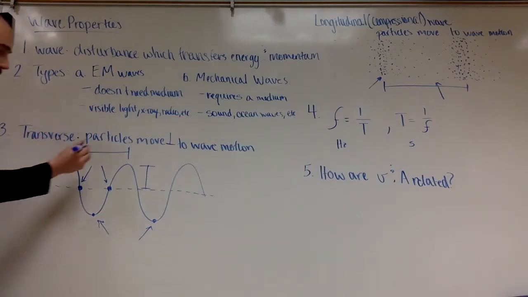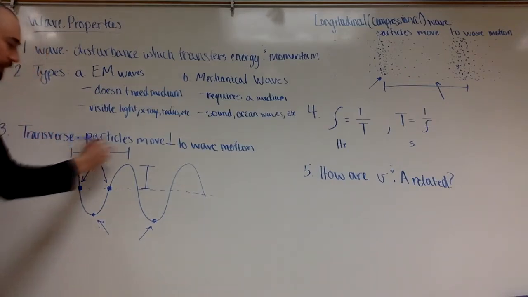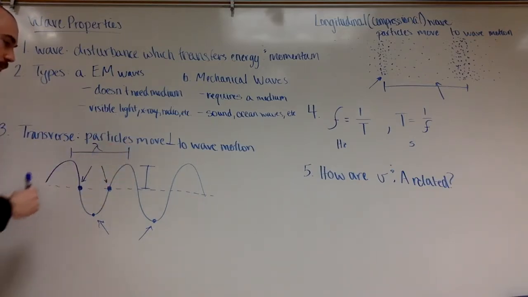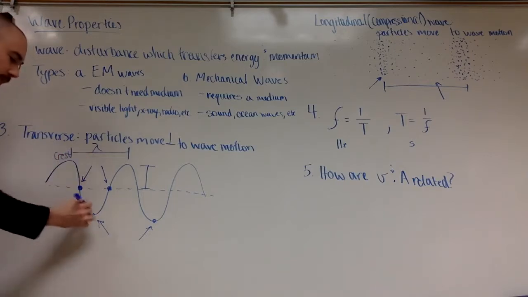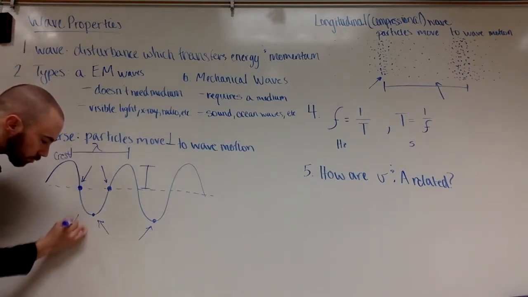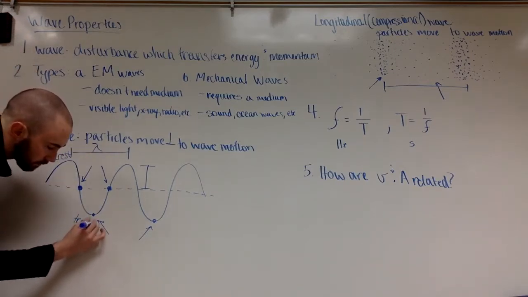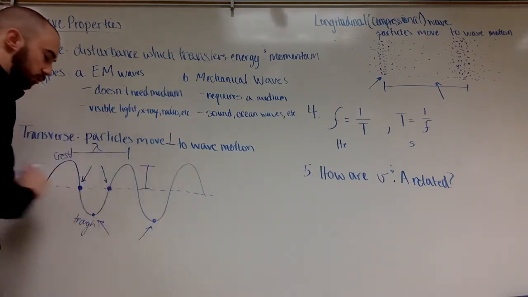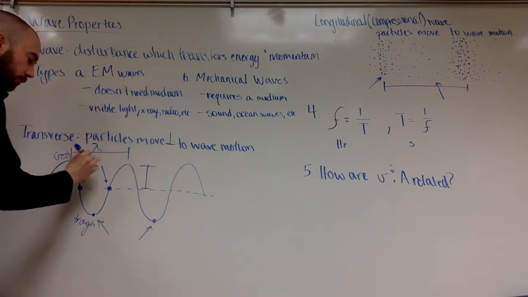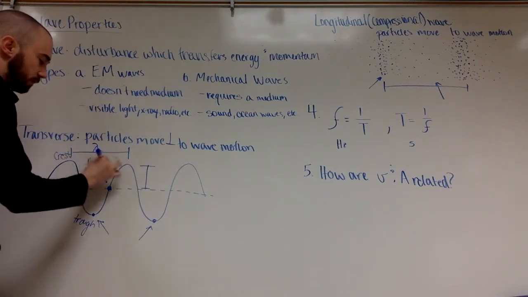We've got a couple different terms here. Lambda right here represents a wavelength. It's from one point to another point. These points up here at the top are called crests. These spots down here at the bottom are called troughs. Okay, these points right along this central line where the wave's going to wobble through are called nodes.